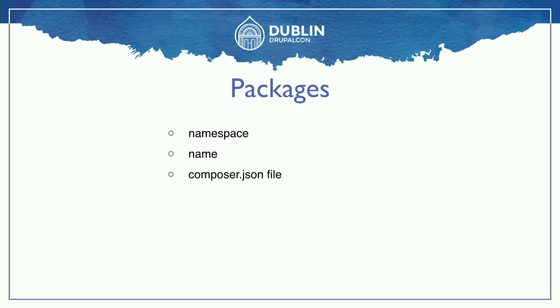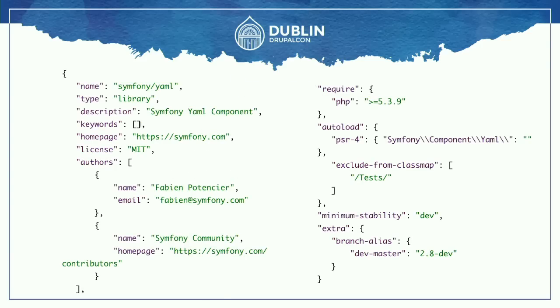So let's take a look at what a Composer JSON file looks like and see some of the things that are in here that we're going to need to define our package. I've taken this Composer JSON file from the Symfony YAML library. As you can see, it specifies the name, and the name includes the namespace, which is Symfony. So you're going to use your vendor name or your company name as a unique namespace for your library.